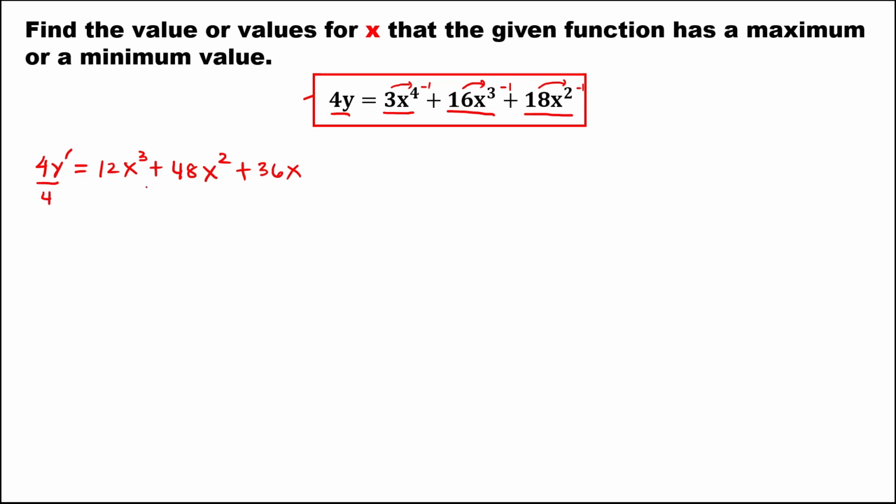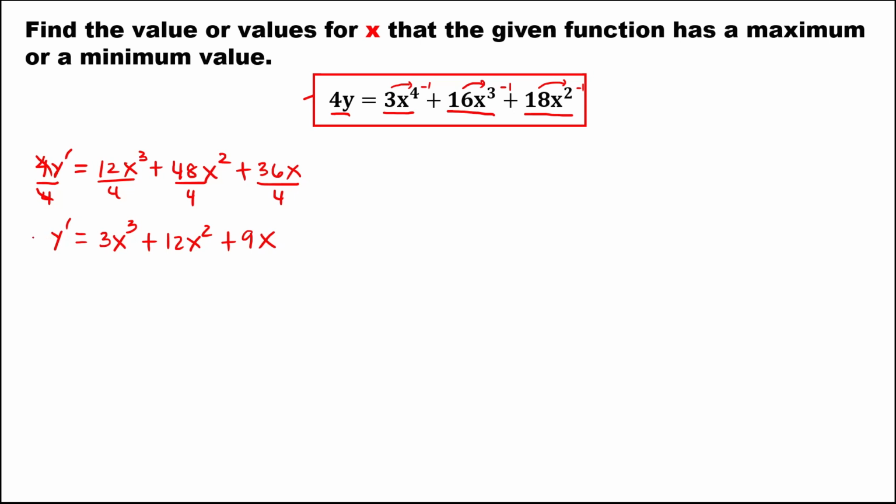Then divide every term by 4 to solve for y prime. So y prime equals 12 divided by 4, this is 3x to the power 3, then plus 48 divided by 4, this is 12x to the power 2, then plus 36 divided by 4, that's 9x.